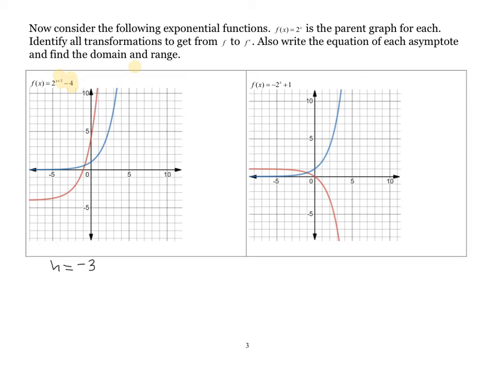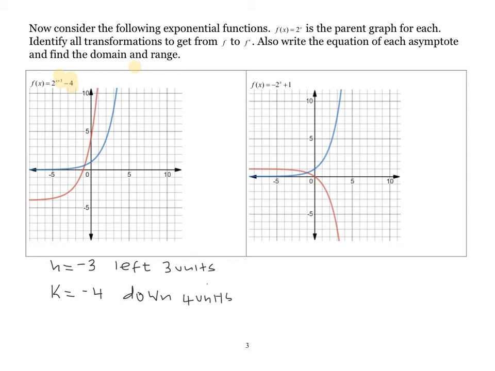So how is that going to affect the graph? It's going to go to the left 3 units, and I'm also given k. k is -4, so it's going to go down 4 units.